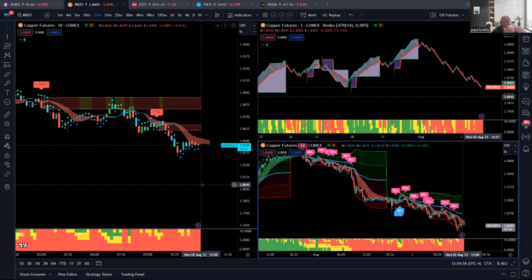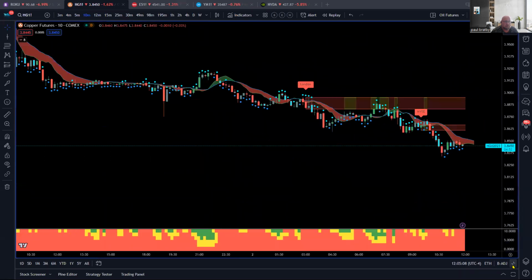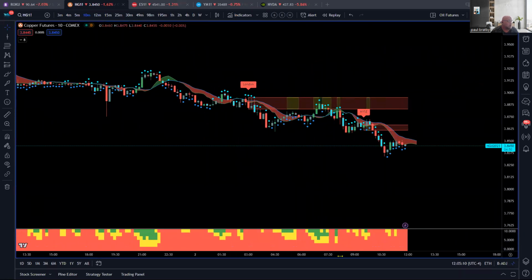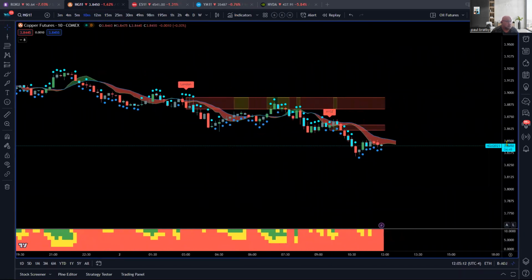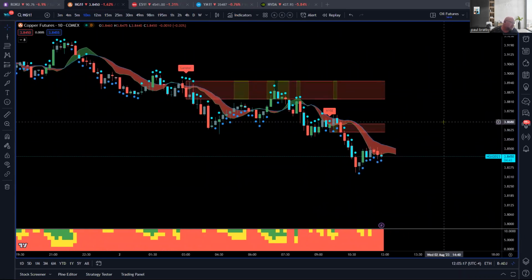So this is copper. This is what I trade. I've used Slingshot recently for copper because it's very good. Copper really trades well on the London Open and the New York Stock Exchange Open. You can trade the oil open with it, but to be honest, my main trade is the London Open.